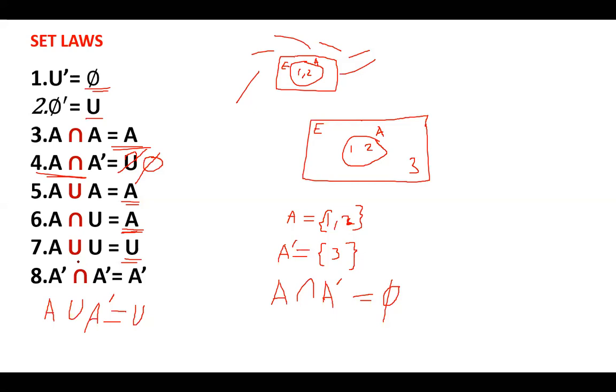And then A complement intersection A complement, you still get A complement. So I'm going to also add this one here, which is A union A complement, which gives you the universal set. And then this one, take note, A intersection A complement is an empty set. Yeah, I'll change that immediately after I finish teaching, so that when I'm sending the slide, it's going to be correct.